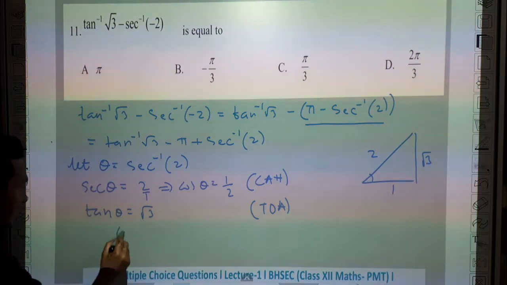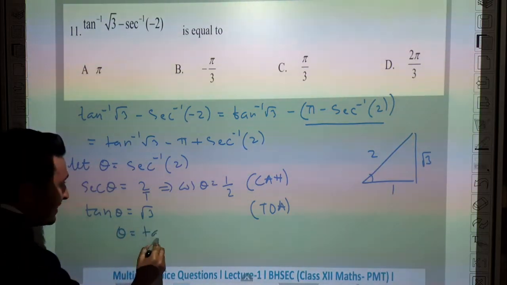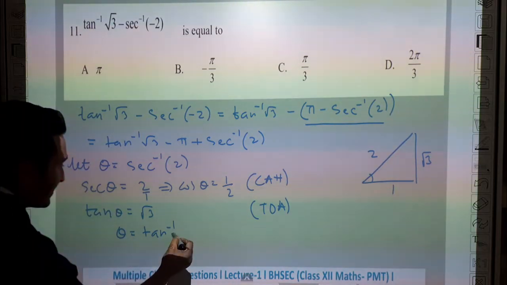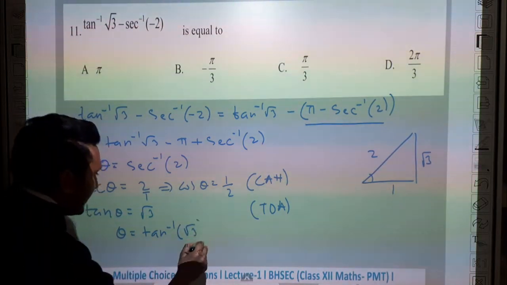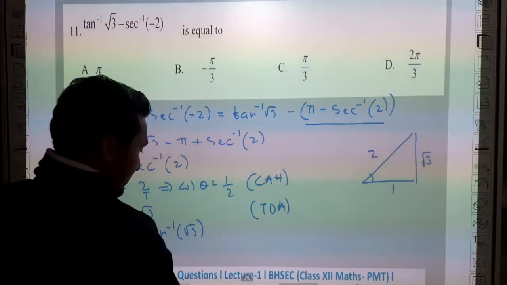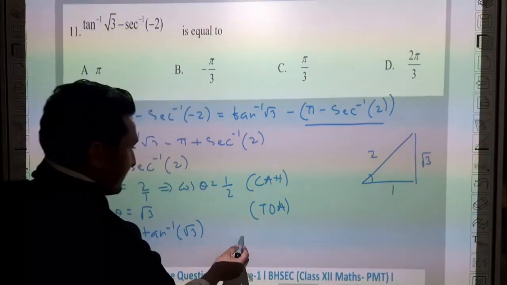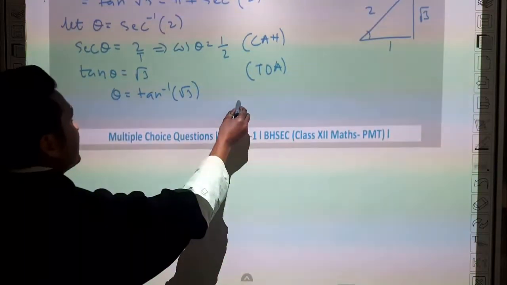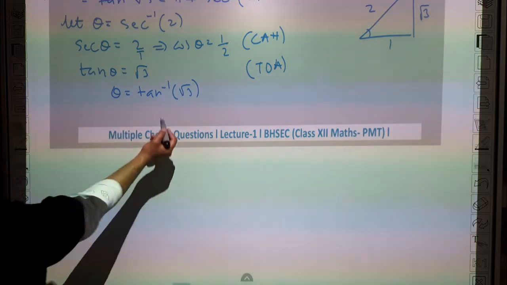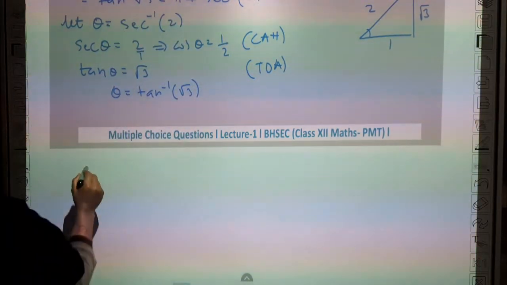Then theta is equal to tan inverse of root 3. Now these things we substitute here.